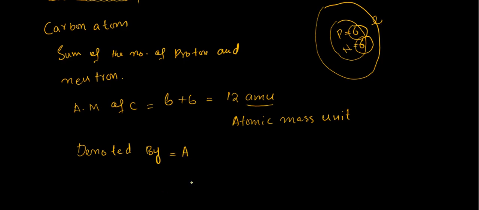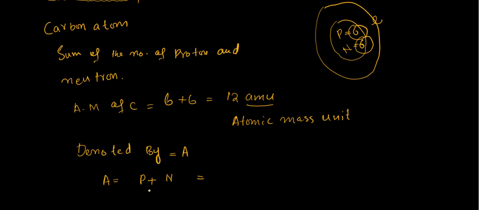So, mathematically, we can say that the atomic mass A is equal to the number of protons plus neutrons. From this equation, we can also find the number of neutrons if we know the atomic mass and the number of protons.